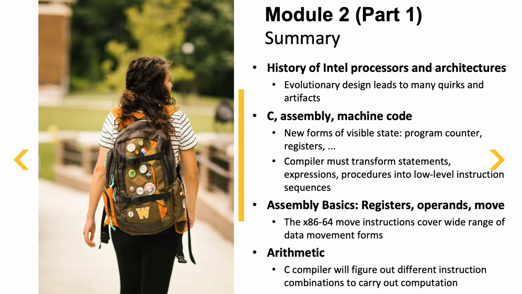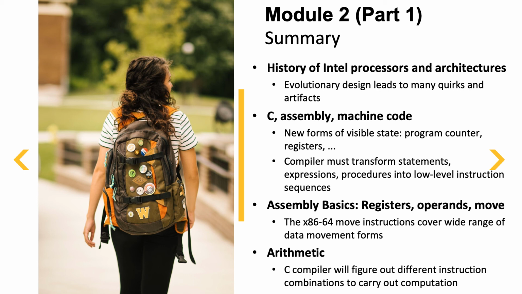So when you walk away from this video, you should have an idea of the history of Intel processors and architectures and that evolutionary design that we talked about that gives us those weird little quirks and artifacts and registers that are named in different ways, things like that. You should have an idea of C, assembly, and machine code, how we go from one to the other.